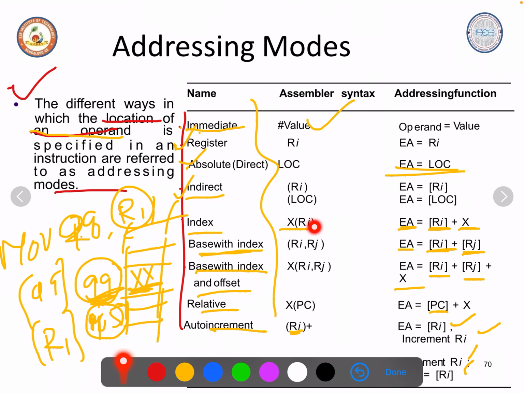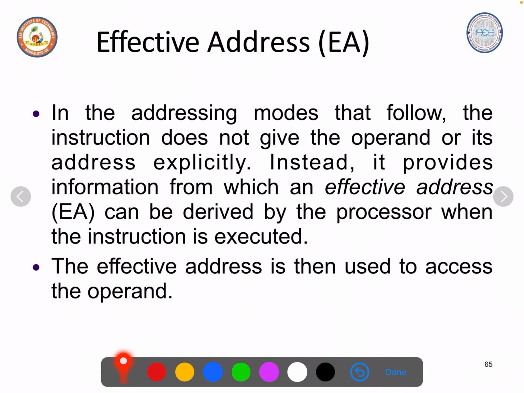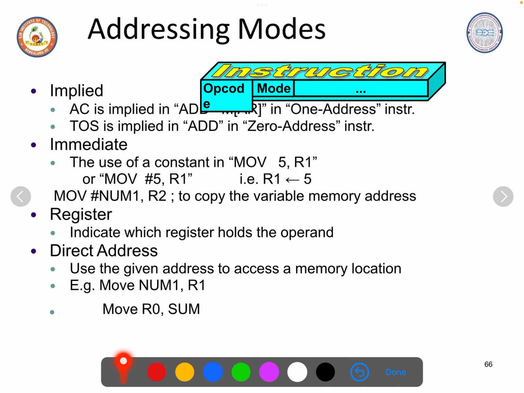The effective address is specified with a base, and it could be base with index and offset. If it is branching through the PC, the value can be incremented. Then for auto increment and auto decrement cases, if the counter has to be automatically incremented, you can go with auto increment and decrement operations. So this is how you derive the effective address.